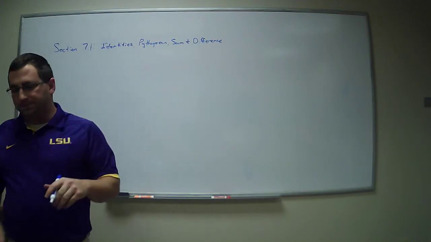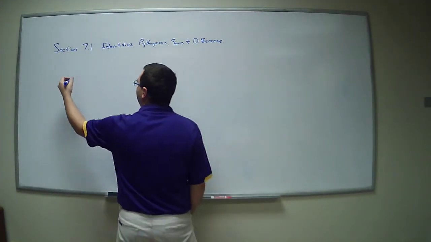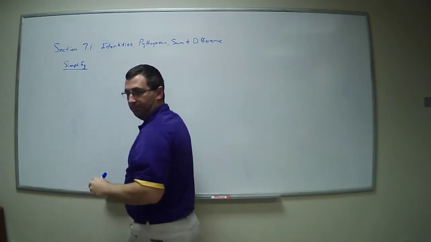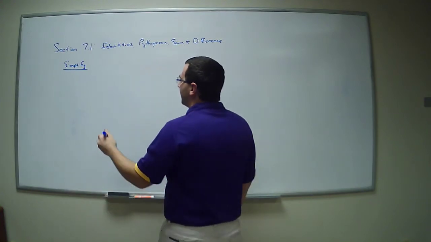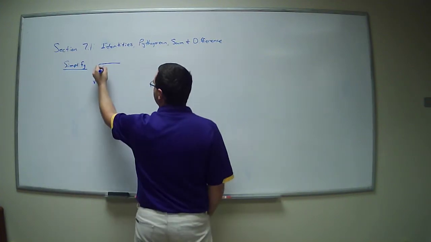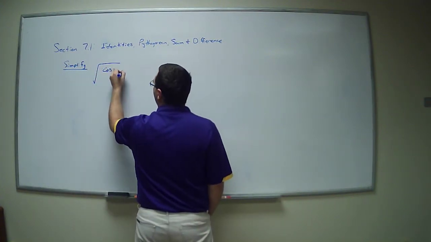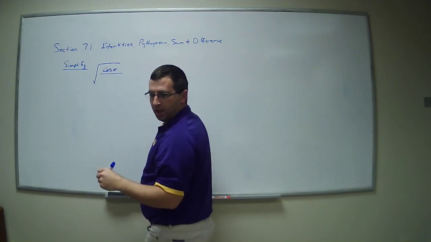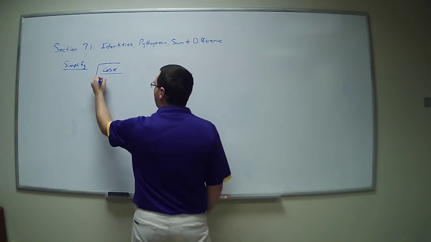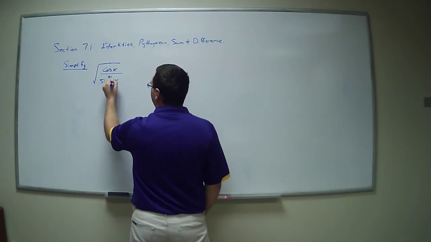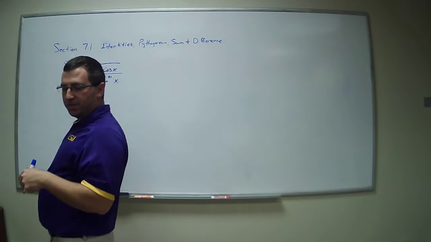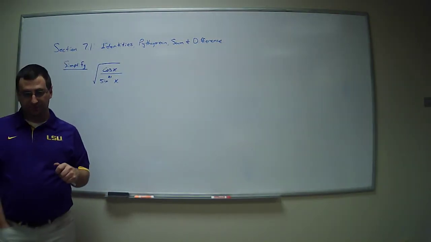So this problem, of course, would say simplify. So simplify the square root of cosine x on top over sine of x to the 21st power.